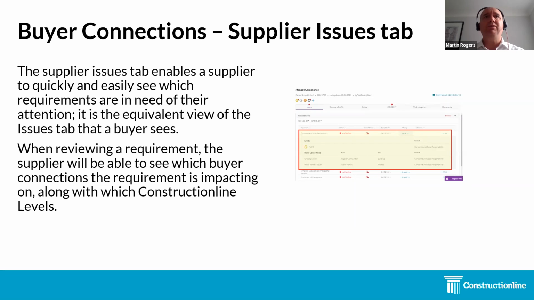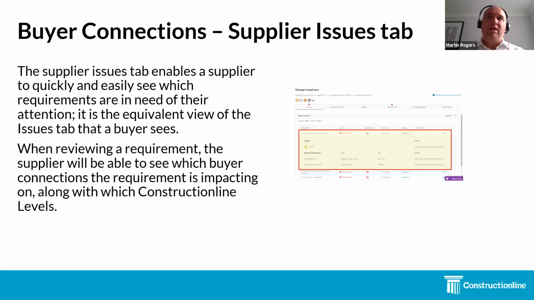So the Supplier Issues tab enables the supplier to quickly and easily see which requirements need their attention. It's the equivalent to the Issues tab that you see as a buyer within the Find Supplier app when viewing a supplier's profile.